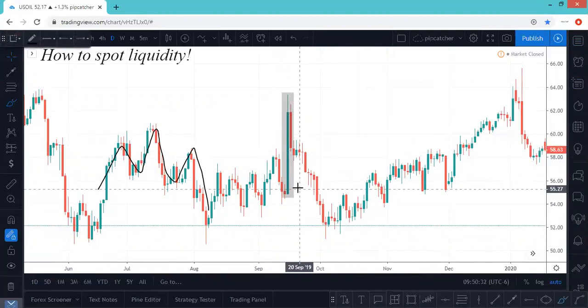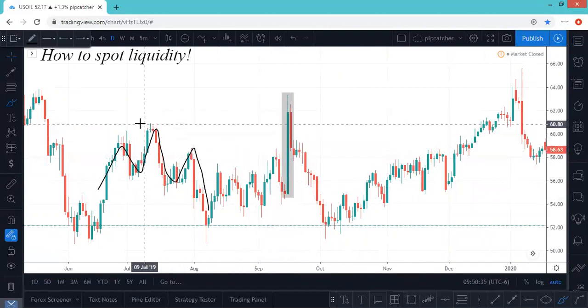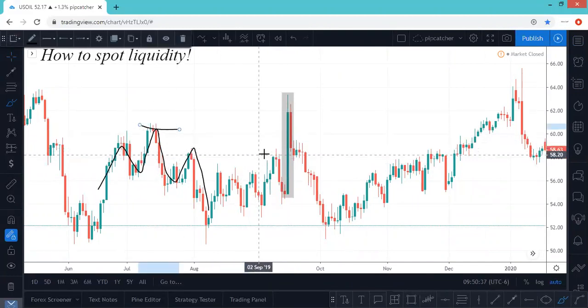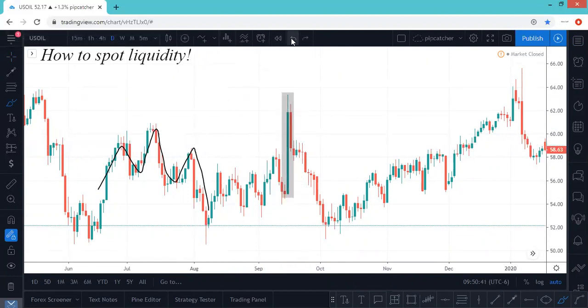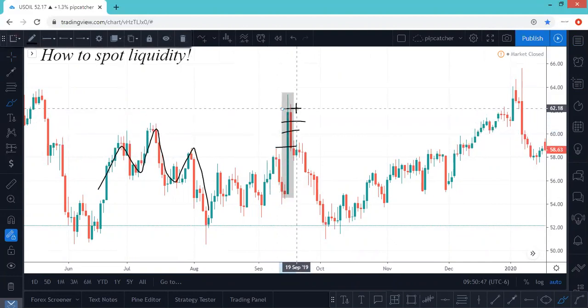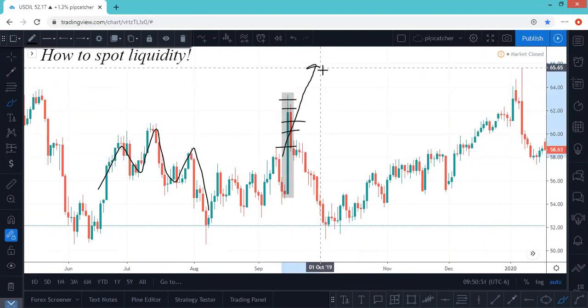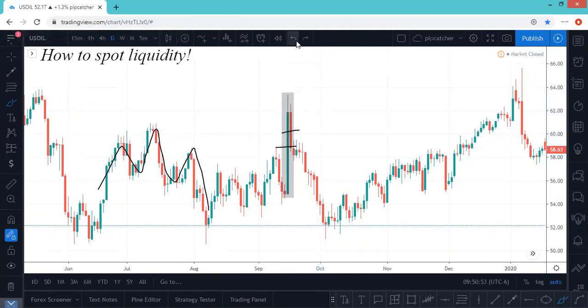And the reason why I say trap candle is because we have structure here, structure here, and the breakout traders might be buying this candle up, right? They're buying, expecting this to go higher.